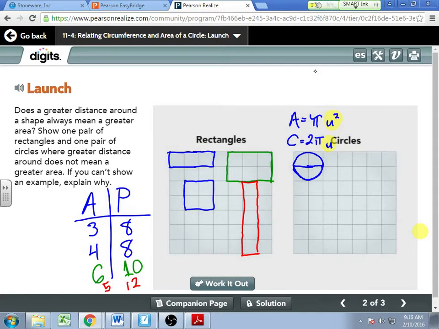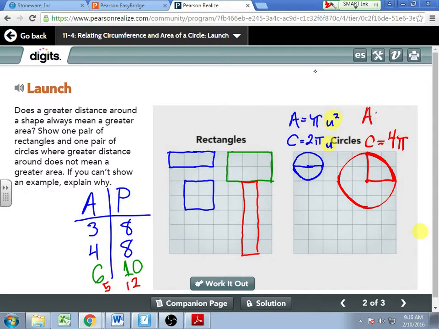Let's try a bigger circle. Let's do a circle with radius of 2. So you want to be 2 down from the top and 2 over from this side. So if I draw my circle, not a very good circle. So now my circumference, well, again, is pi times the diameter. My diameter is 4, so it's 4 pi.